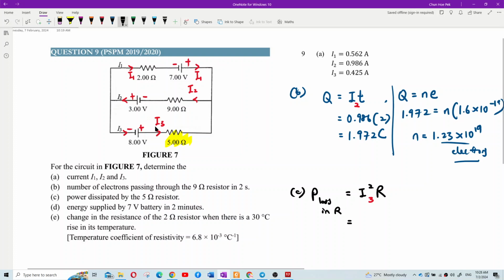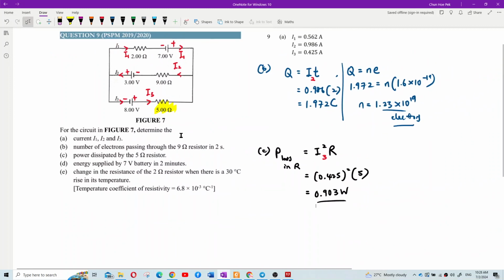I3 is 0.425 squared, and the resistor is 5 ohm. So 0.425 squared multiplied by 5, I squared R. The answer is 0.903 watts. That's the power used in the 5 ohm resistor.